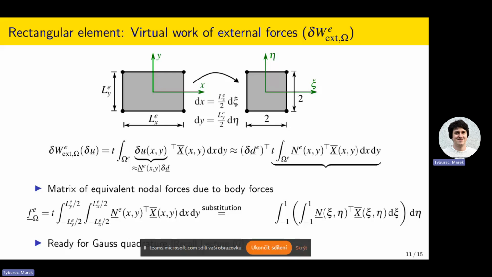They don't depend on x or y. So we can put them in front of the integral. And so this integral is then approximated in this way. What we get here is this virtual displacement of the element.